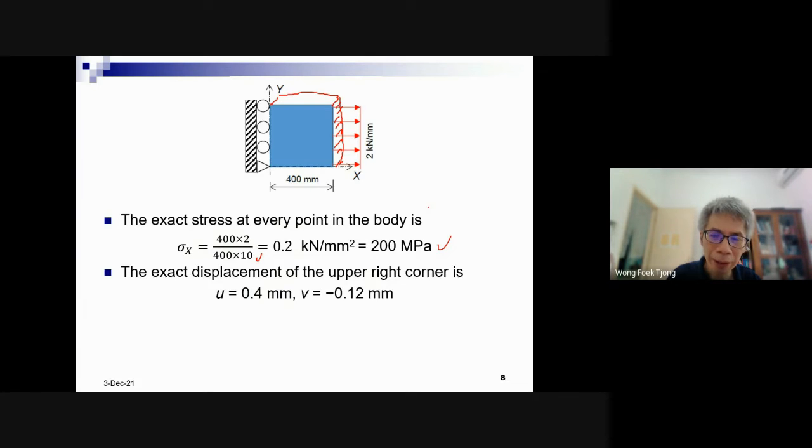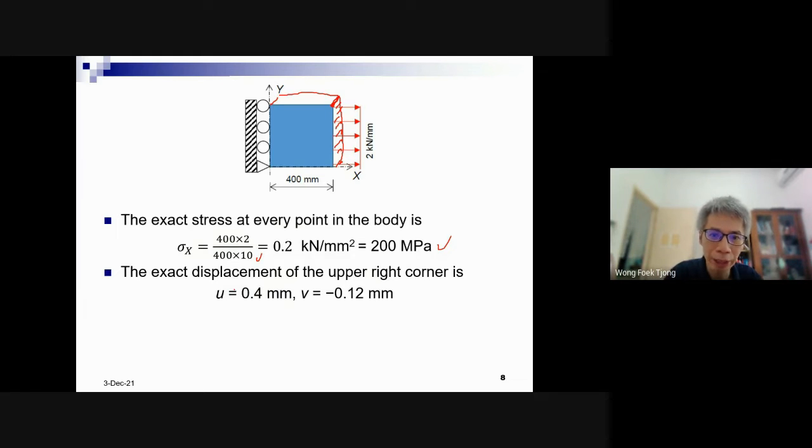Regarding the displacement, let's say the displacement of this point, material point, or actually this edge, okay? If we view it as 3D. So the exact displacement is u equals 0.4 and v is minus 0.12. We can easily solve this using the previous formula that I developed when you saw the example of pure tension, right?